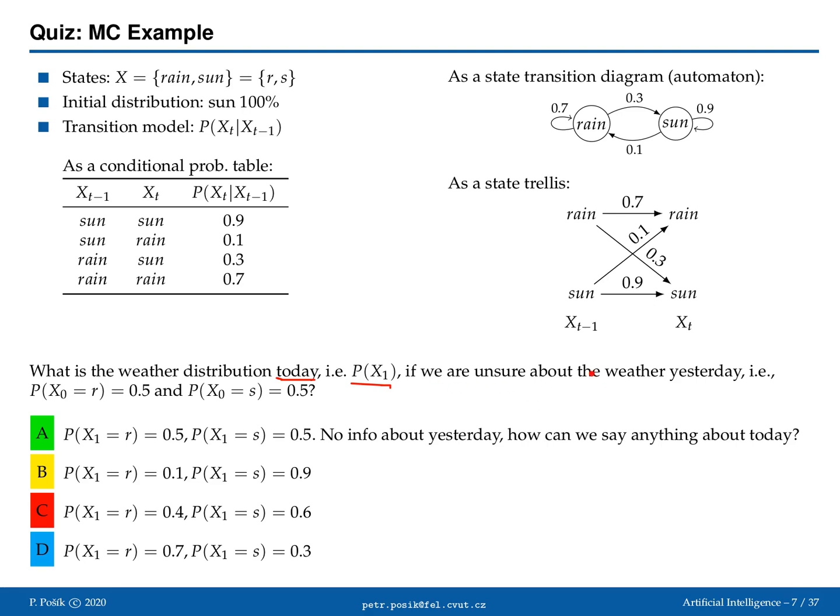We are unsure about the weather yesterday, so we state that our belief in rainy weather yesterday is 0.5, and our belief in sunny weather yesterday is 0.5 as well. So what is the current belief for today? You again have 4 options, A, B, C, D. Let me know what you think, which one is correct.